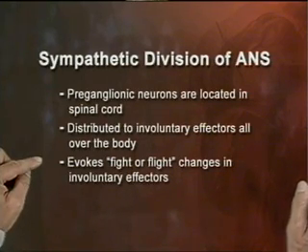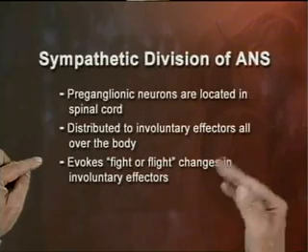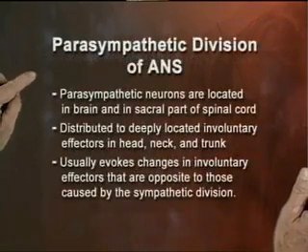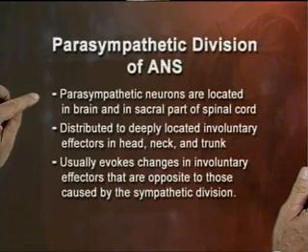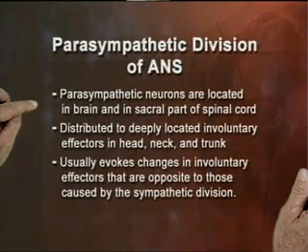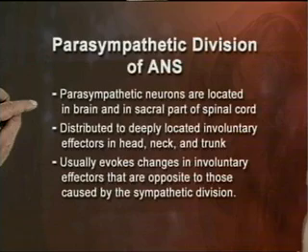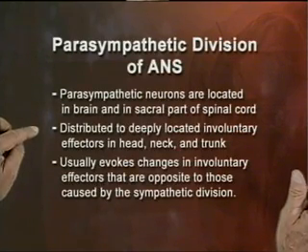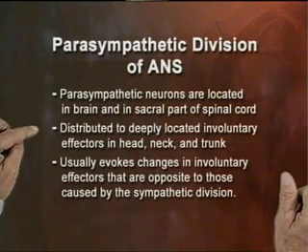Now, if we contrast that with the parasympathetic division using those same criteria, we'll go to the next graphic. In the parasympathetic division, the preganglionic neurons, the first neurons, are located in the brain and the sacral part of the spinal cord. Second neurons are always in the autonomic ganglia. And these are distributed primarily to structures in the head, neck, and trunk.